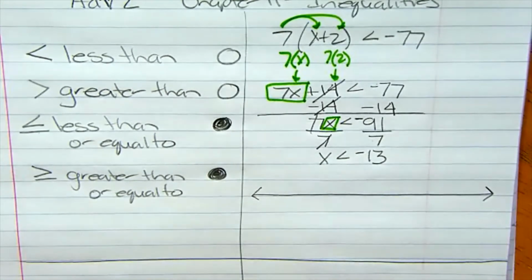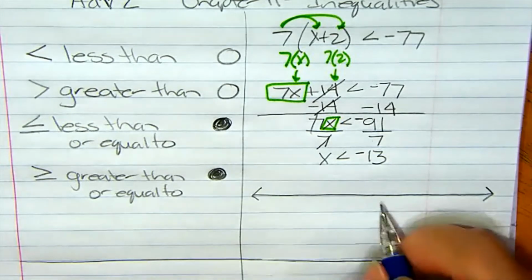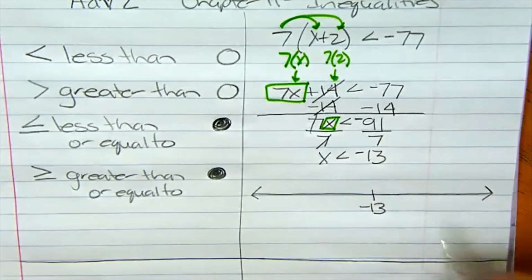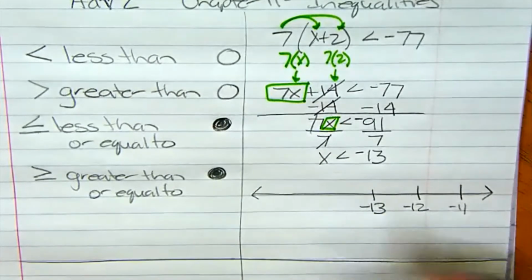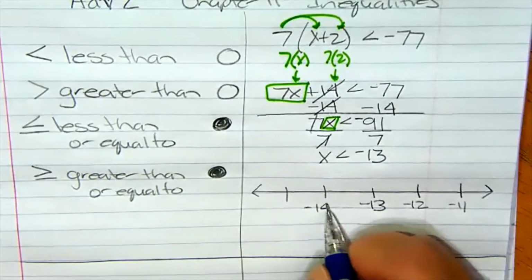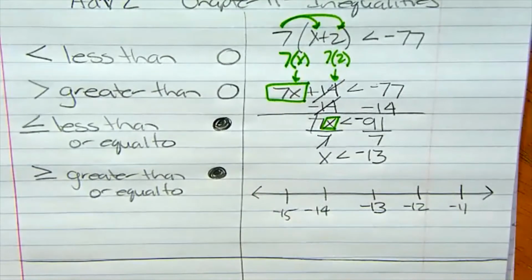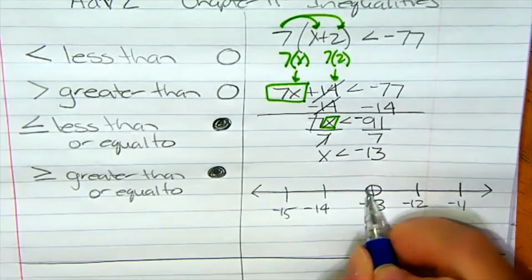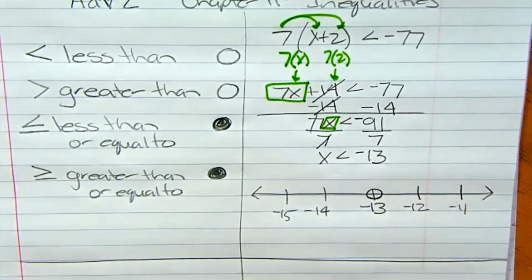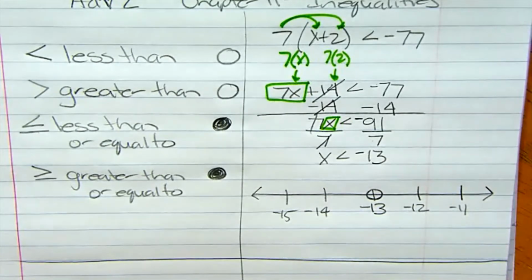So we build our number line, and we put our target in the middle, negative 13. We go 2 ticks to the right and 2 ticks to the left. I'm going to put an open circle on negative 13 because I know this is where my solution set starts.